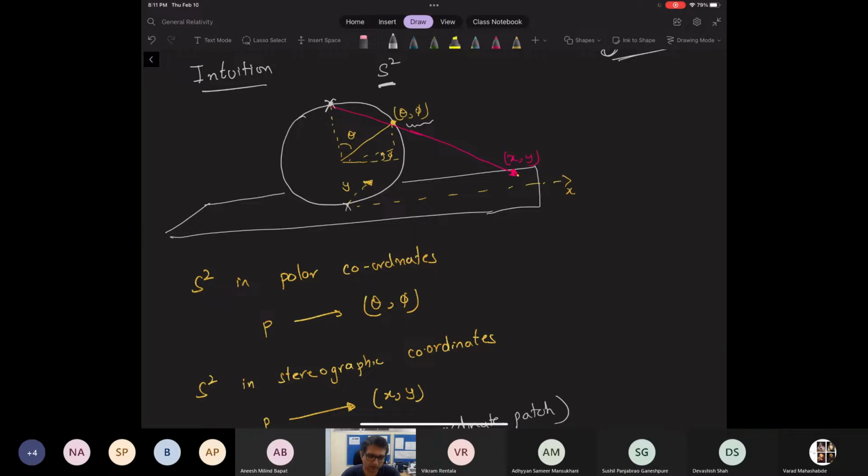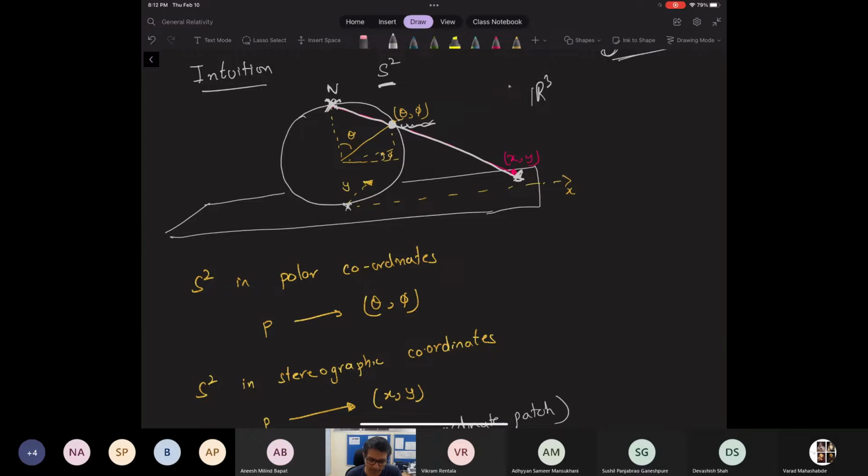Now we saw that there's this notion of stereographic projection. Stereographic projection means you take a line from the North Pole. You imagine this entire thing is now embedded in R3, sitting on an infinite plane. If I want the coordinates of this point theta phi, another way to get those coordinates is to draw a line from the North Pole through this point onto this plane.